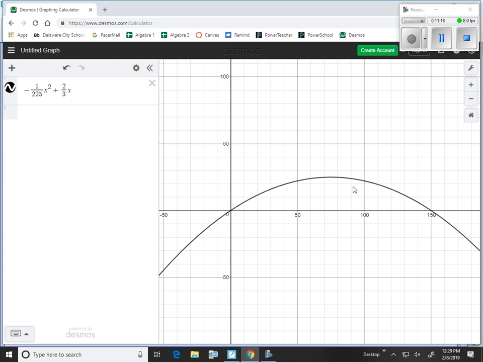If you just hit -1 divided by 225, it should automatically make the fraction for you. Don't forget your x squared with that. It has to be x squared. No, we never put anything on the left side of the equal sign. It'll just complicate things. But I checked the equation.